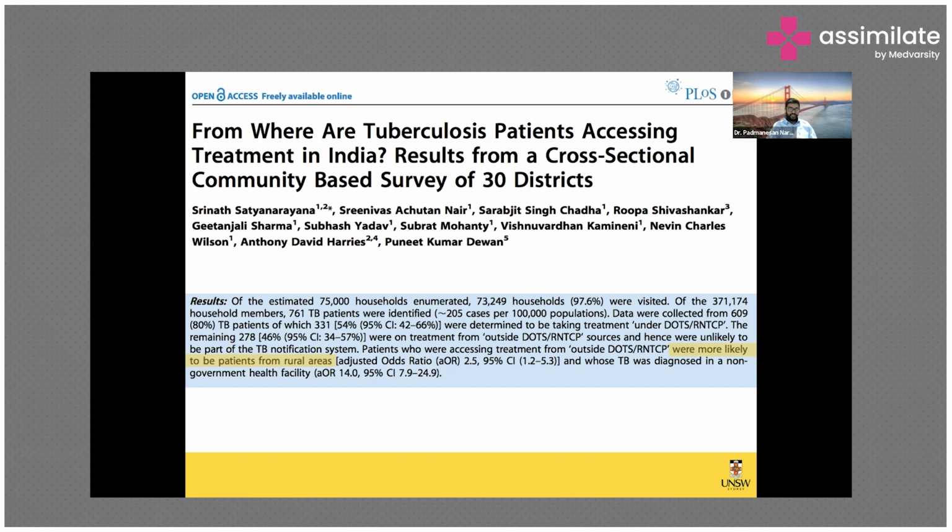So half of them don't get notified. I was telling you earlier that of 3 million TB cases, only 2 million get notified. There is a big gap in TB notification in India, and this is intertwined with the fact that we don't have a robust reporting system from the private sector.